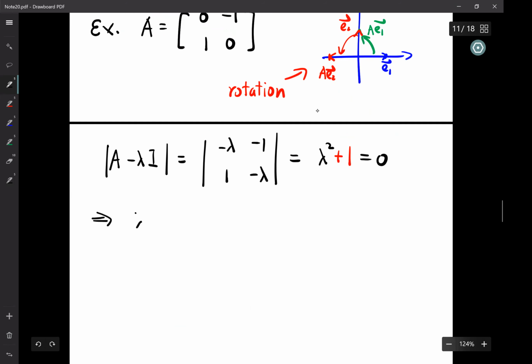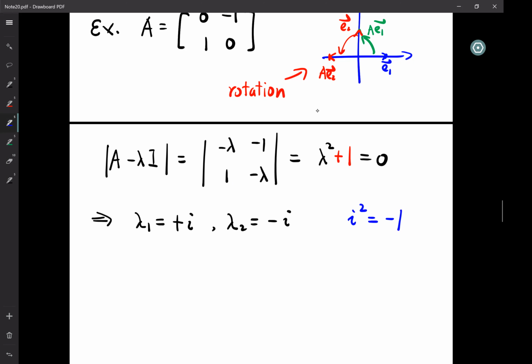Now we know lambda 1 is plus i, and lambda 2 is minus i, where i is the imaginary unit satisfying i squared equal to minus 1. So if I want to restrict everything to real arithmetic, this is not possible. But this rotation matrix actually has eigenvalues that are complex.